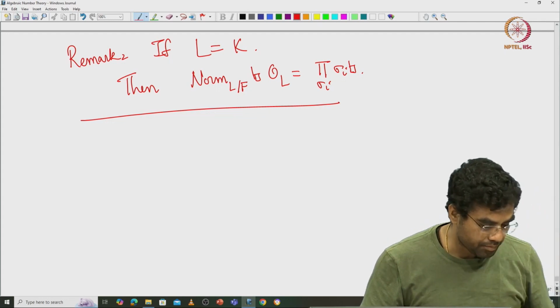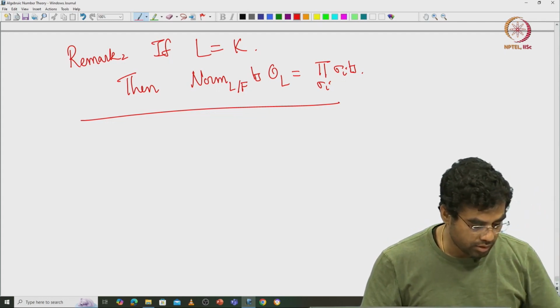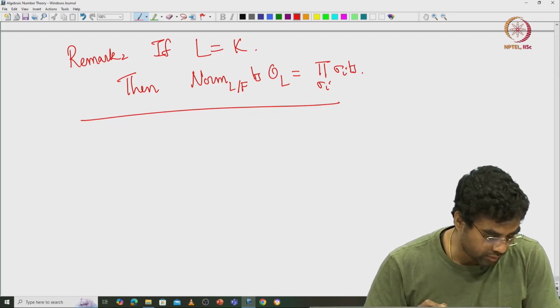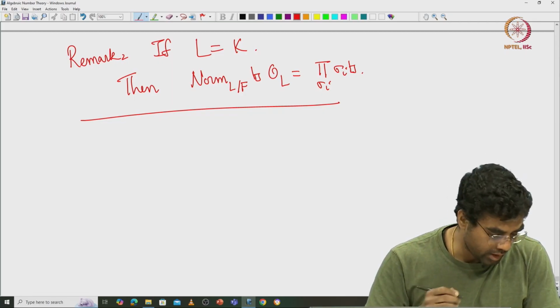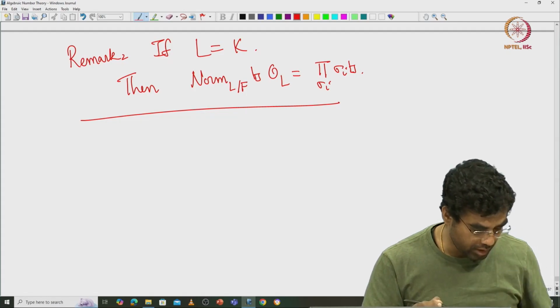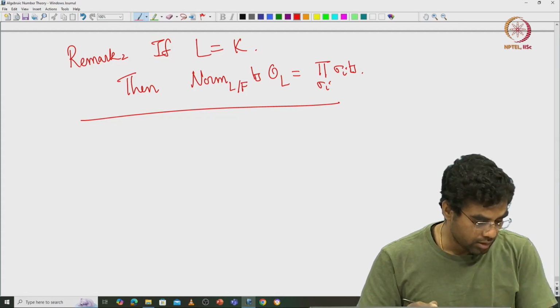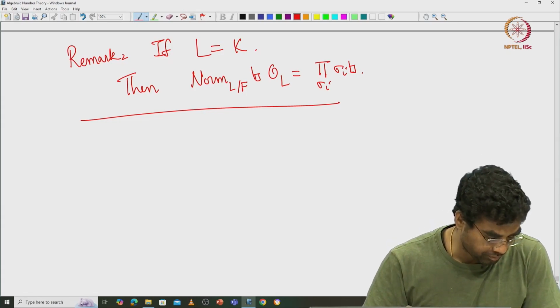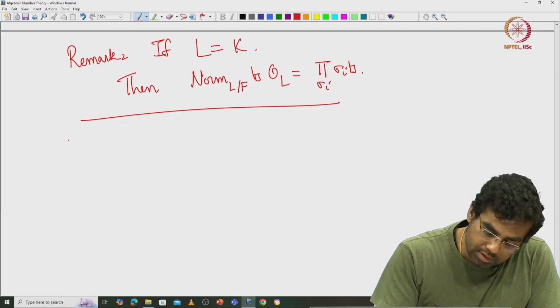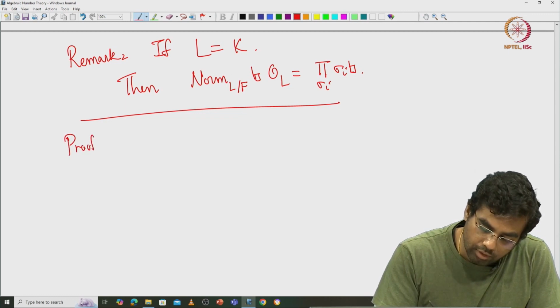This is somewhat tricky to do, because there are two extensions involved, L over K, K over F, etc. So let me write it like this. My first claim is the following.